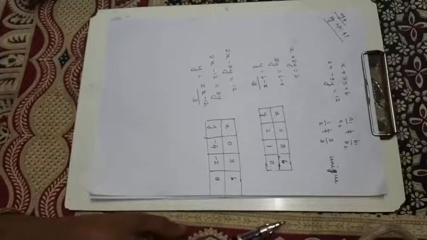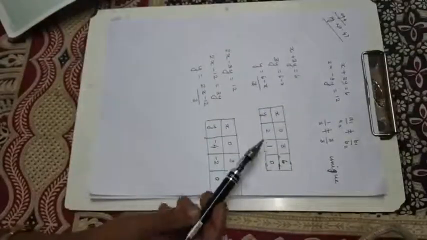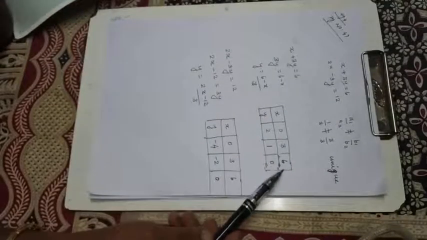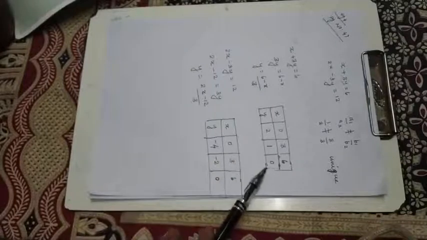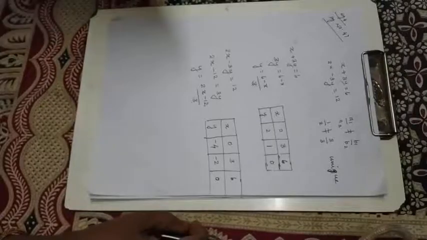Now when you are taking the graph, here you are getting positive values for x, and here negative and positive values for y. In coordinate geometry, we already discussed how to draw the graph.